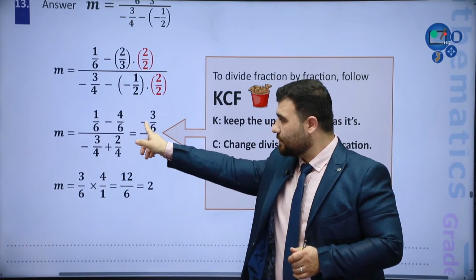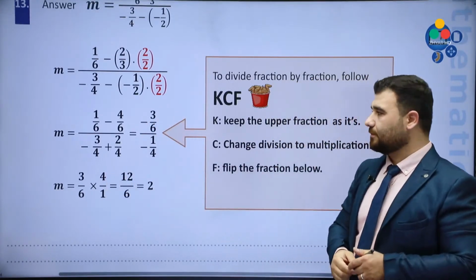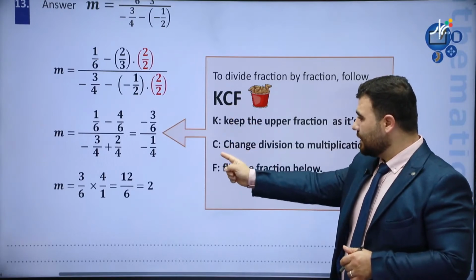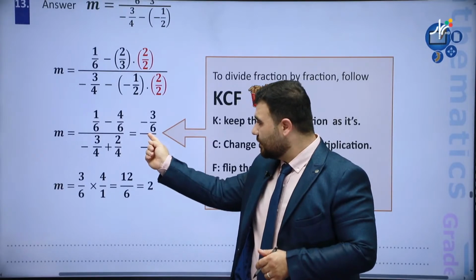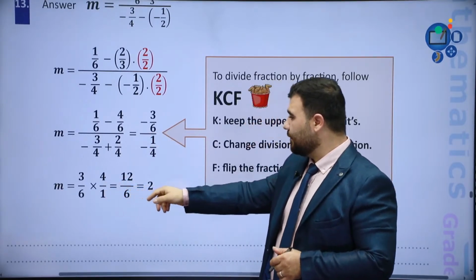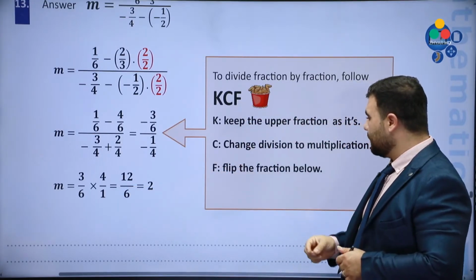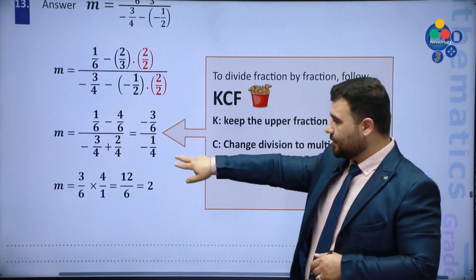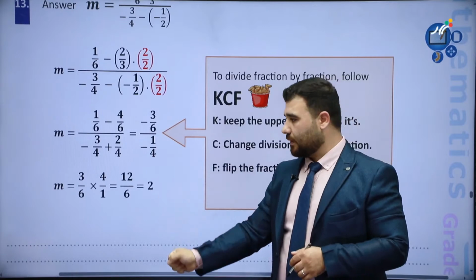By the way, negative cancels negative. 3 over 6 is the same. Keep the upper fraction. C means change the division to multiplication. Isn't this fraction division? Then instead of division, write times between them. F, flip the fraction below. This fraction should be flipped. It's 1 over 4, it should be 4 over 1.